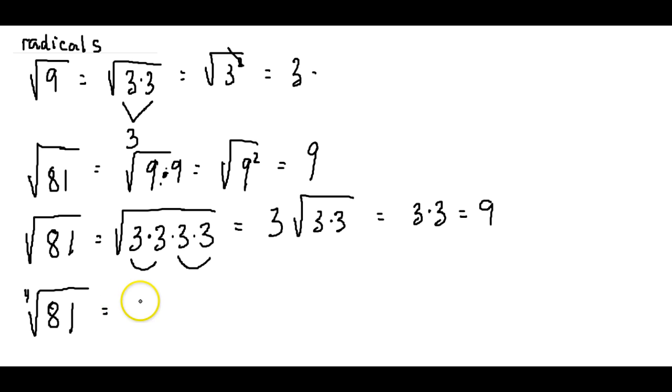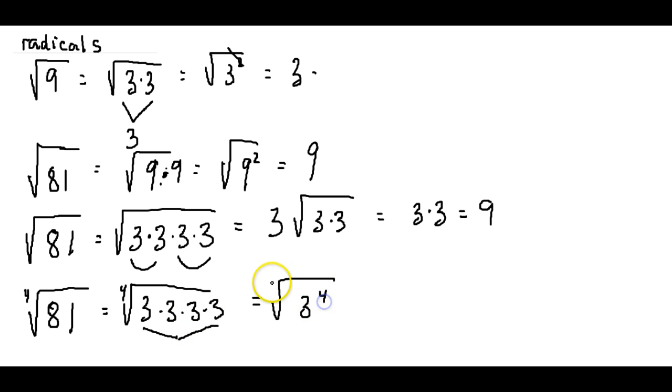So what happens if we have the fourth root of 81? We know that is the same thing as the fourth root of 3 times 3 times 3 times 3. But this time we're looking for groups of 4 3's. 3 times 3 times 3 times 3 is also the same thing as 3 to the 4th power, and 3 to the 4th power is 81.